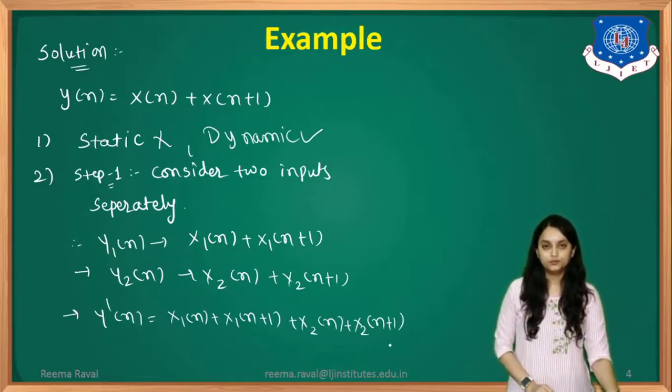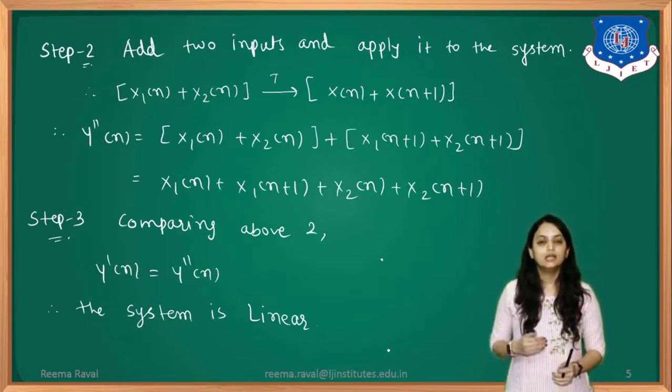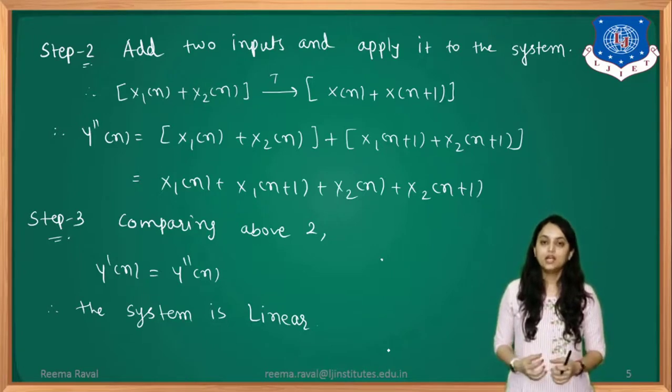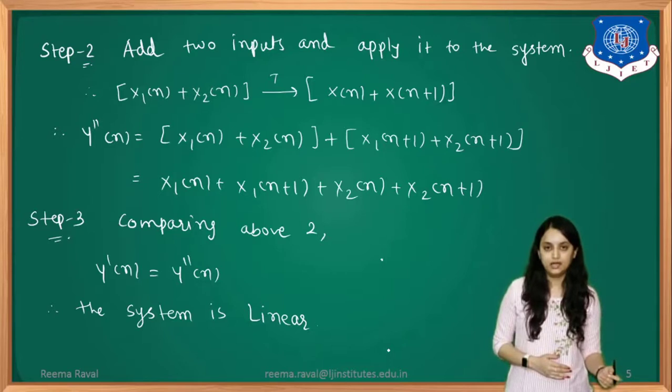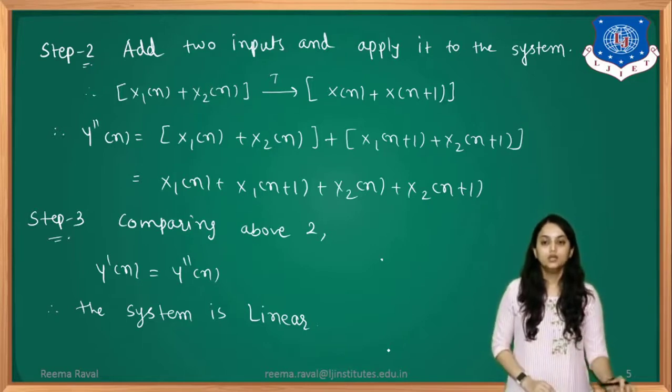Now step 2 is that first we will add the 2 inputs and then give the sum to the system. In the first step, we took 2 inputs separately, applied them to the system and then took the addition. But here we will add these two inputs and then apply the result to the system. So we take x1 plus x2, that means the addition of these two, and apply it to the system function, x of n plus x of n plus 1.